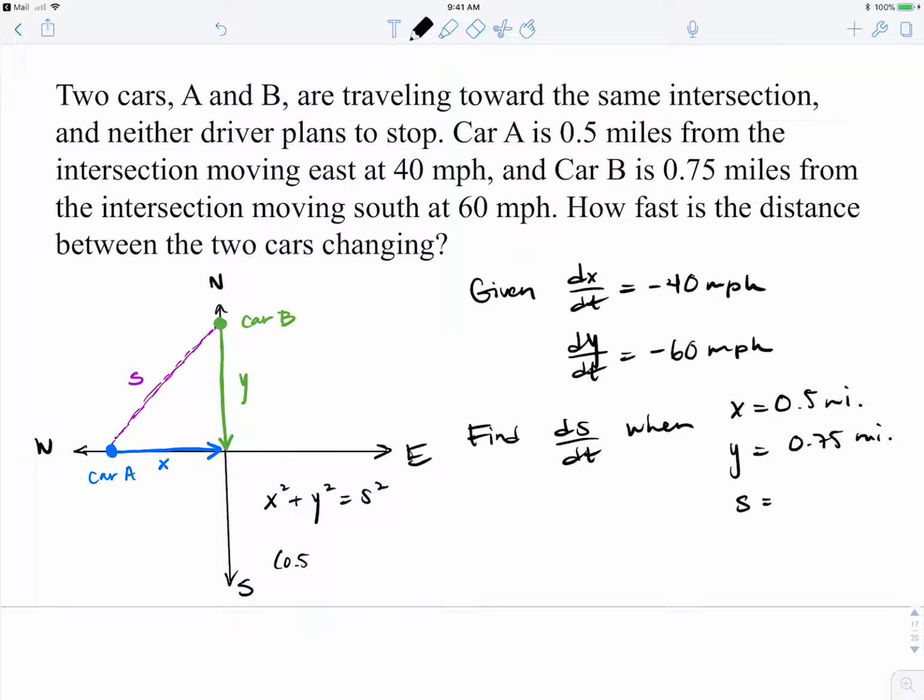So 0.5 squared plus 0.75 squared equals s squared. So s is equal to the square root of 0.8125 miles.